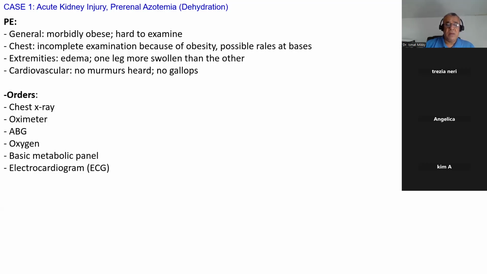Some of the concepts we are going to review: hypertension increases myocardial workload, and more cardiac workload requires more oxygen consumption.